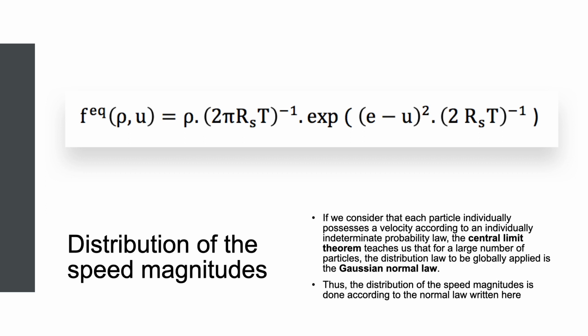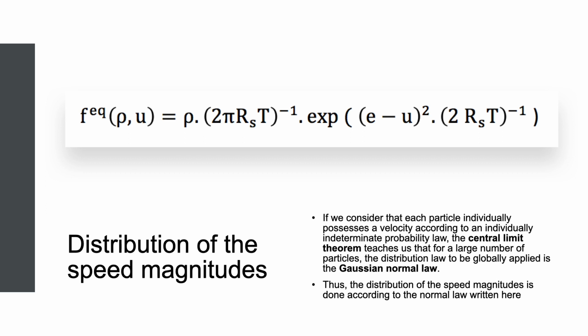And finally, this is what leads us to the expression of this distribution of velocity magnitudes. If we consider that each particle individually has a velocity according to an individually indeterminate probability law, then we can use a theorem called the central limit theorem that teaches us that for a large number of those particles, the distribution law that is globally applied is the Gaussian normal law.